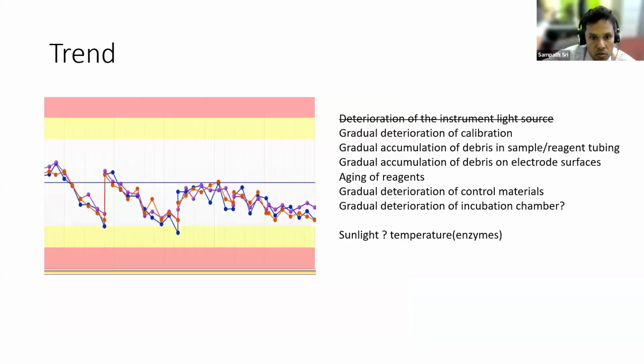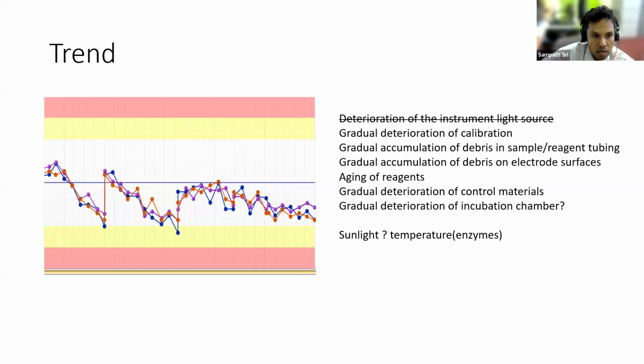They can be due to gradual deterioration of calibration, because deterioration of the light source will not happen frequently. So gradual deterioration of calibration, gradual accumulation of debris on the surface, or aging reagents, anything can happen. So the cause will depend on what we have done at this point.